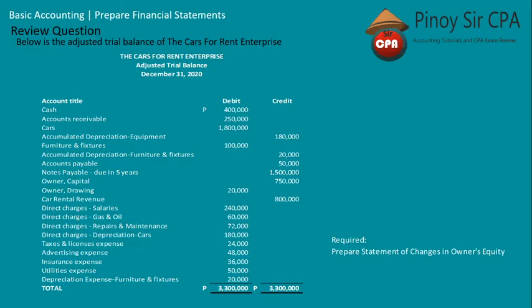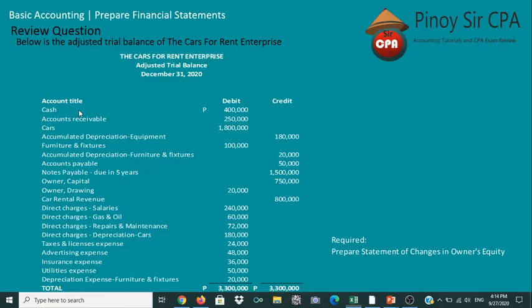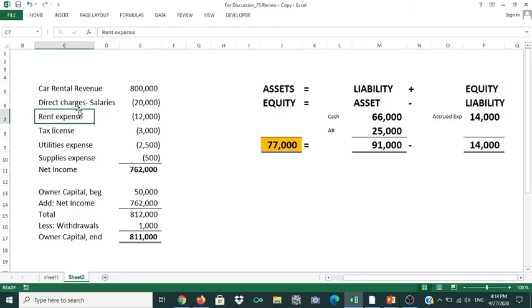Okay, anong next? Direct charges: salaries, gas and oil, repairs and maintenance, then depreciation ng cars. 4 na direct charges. So, sulat muna natin. Direct charges, salaries; direct charges, gas and oil; direct charges, repairs and maintenance; then direct charges, depreciation nung car.